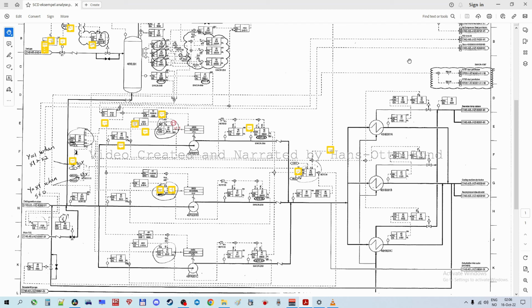So with this brief explanation of how this system works process-wise, I think I will end this part.